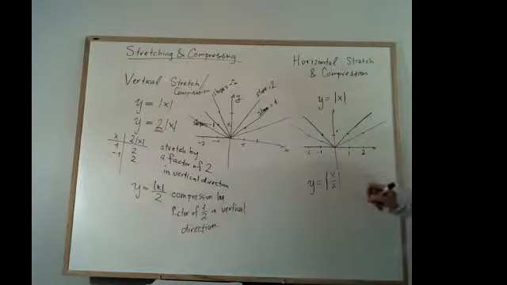You start with a new value of x, the stretched value, and you divide by 2 to get the unstretched value. Right? The old value of x is 1 for this point. The new value will be 2. So I want to go from 2 back to 1, and then evaluate the original function, which will be 1.